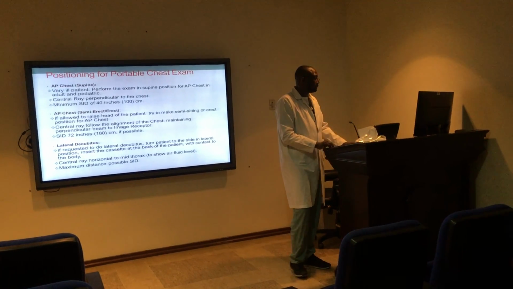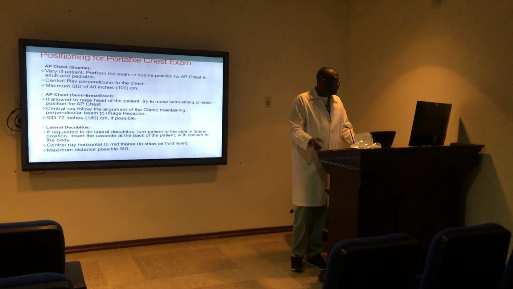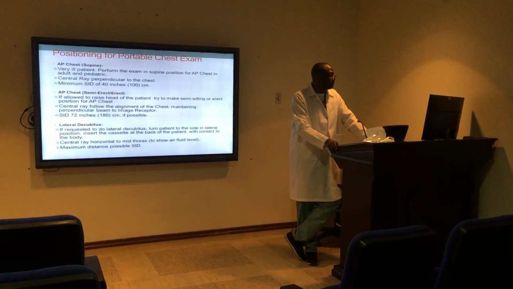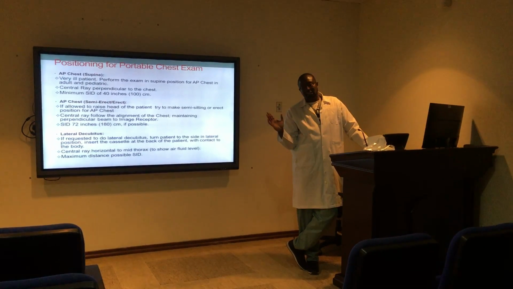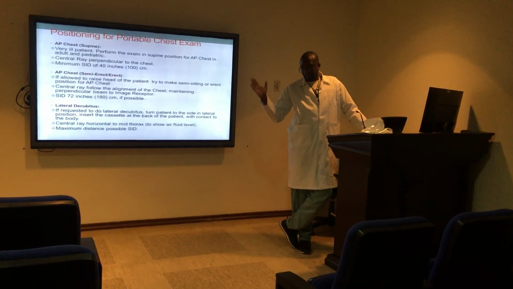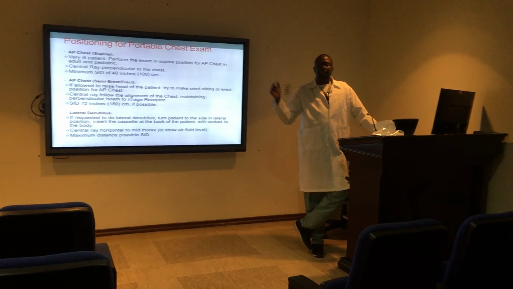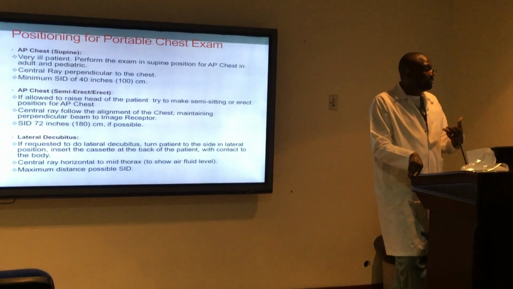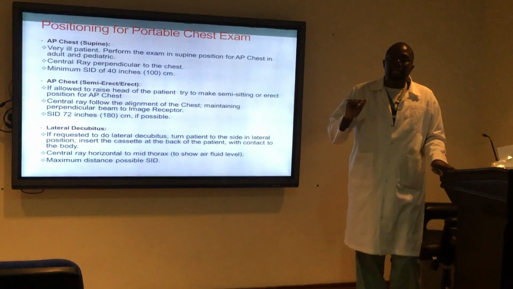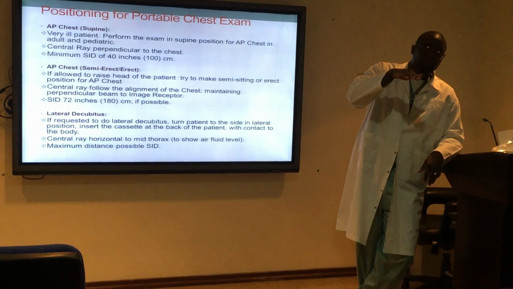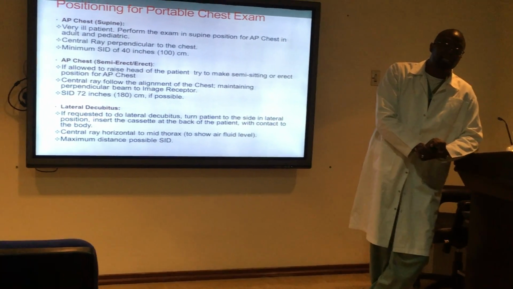The next is the AP chest semi-erect or erect. In this case, you're going to be sitting the patient up in a semi-erect or erect position, 45 degrees. The central ray must be aligned to the chest, and you have to maintain a perpendicular central ray to the image receptor.